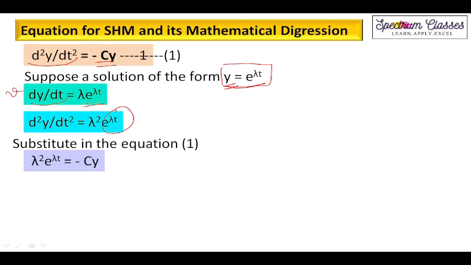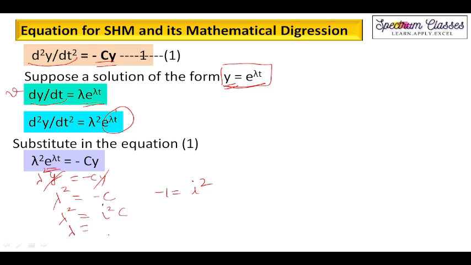And e power lambda t is my y again, so I will get lambda square y equal to minus cy, and y will be cancelled out by this y. So lambda square will be equal to minus c again. And if I solve it, lambda square is equal to minus 1 times c, and minus 1 is equal to iota square. So this is iota square into c.